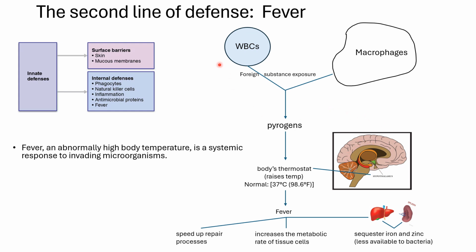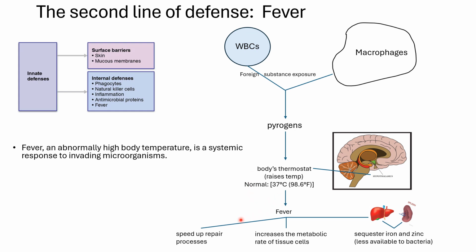So what happens when there is inflammation going on and a pathogen has attacked? The WBCs and the macrophages, after exposure to foreign substance, secrete certain pyrogens, and these pyrogens go to the body's thermostat and tell the thermostat something is wrong. So the body's thermostat increases the temperature, and this results in fever.